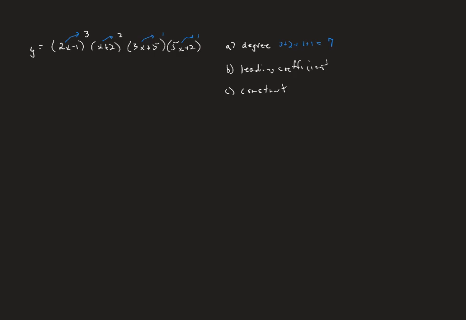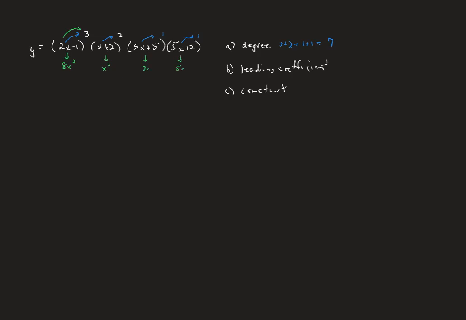For the leading coefficient, out of this term we are going to get a 2x to the third power, so the highest power of x that emerges from this term is an 8x to the third. The highest power of x from this term is an x to the second. From here we'll get a 3x, and from here, a 5x.